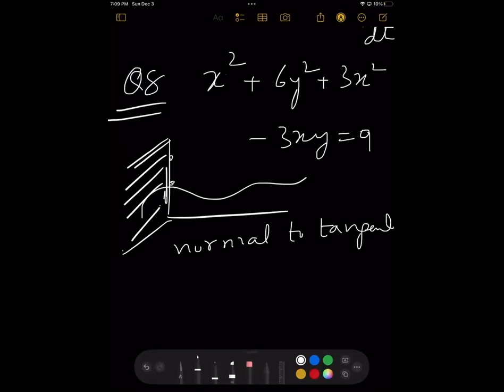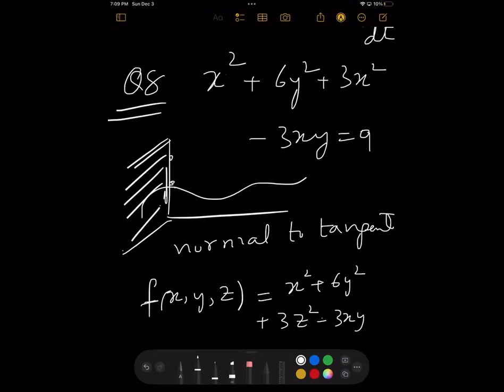So we have to find the line parallel to the normal. For that, I will use our f(x,y,z) = x squared plus 6y squared plus 3z squared minus 3xy minus 9, which equals 0. This is our function.